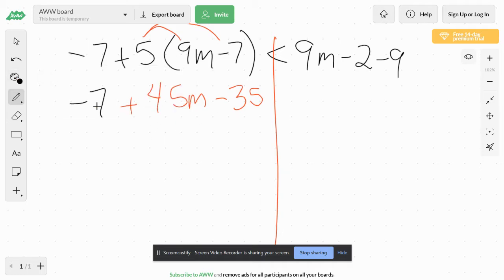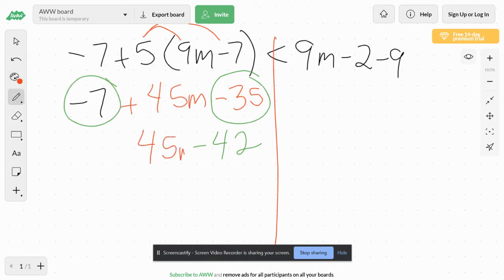Now I take a look over here. Do I have any like terms? Yeah, I have the negative 7 and the negative 35, which is negative 42. And I'm going to bring down the 45m. All right, let's see over here.